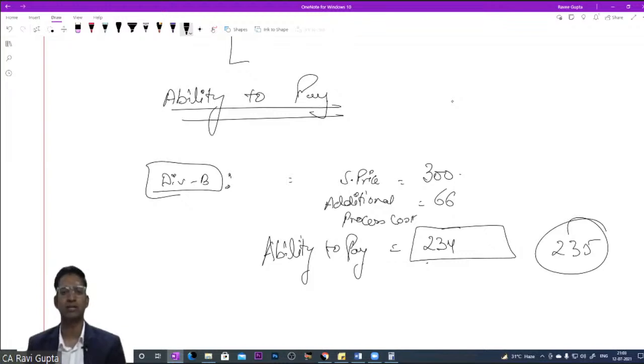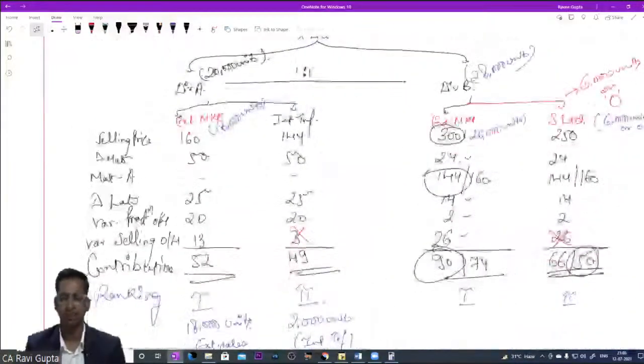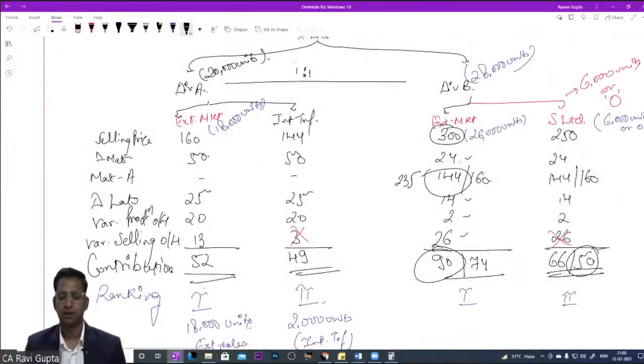Because you will be incurring a loss of 1 rupee, you will not be motivated to work, and you will not be involved in internal transfer. It's better for you to purchase from outside. So definitely this is what is called the ability to pay.